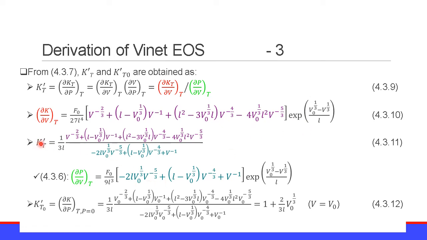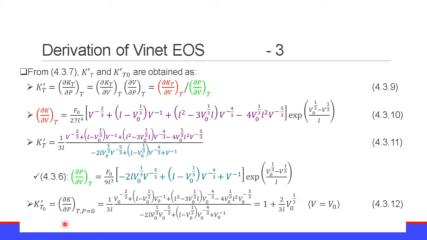Then KT prime is equal to this formula divided by the volume derivative of pressure at constant temperature, this form.